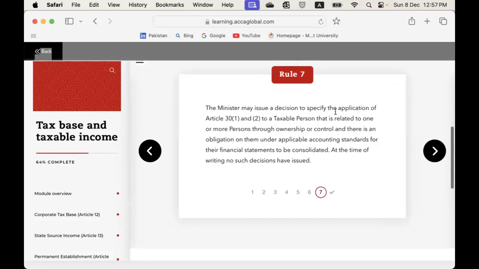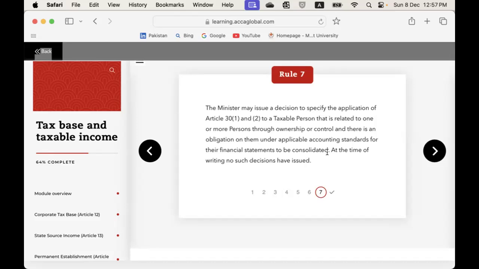The minister may issue a decision to specify the application of Articles 31 and 32 to a taxable person that is related to one or more persons through ownership or control, and there is an obligation on them under the applicable accounting standards for their financial statements to be consolidated. Usually in consolidation, there is a parent-subsidiary relationship or common control.